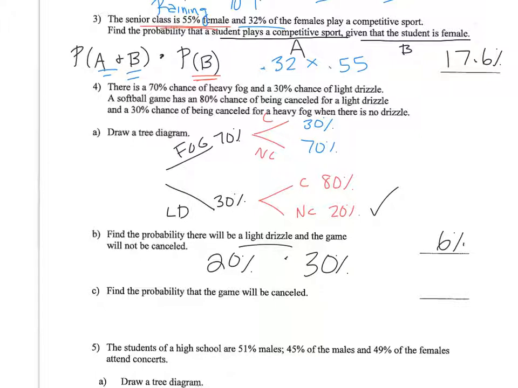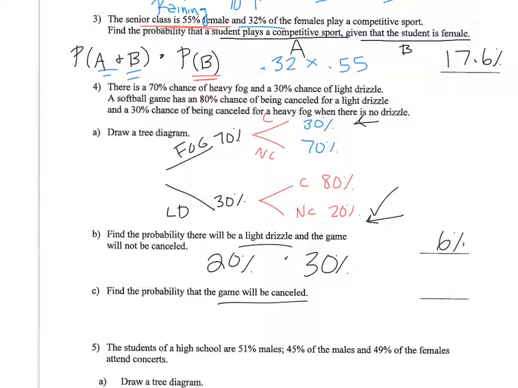Find the probability that the game will be canceled. So what I'm going to do is I'm going to find the probability it's canceled due to fog plus the probability it's canceled due to light drizzle.